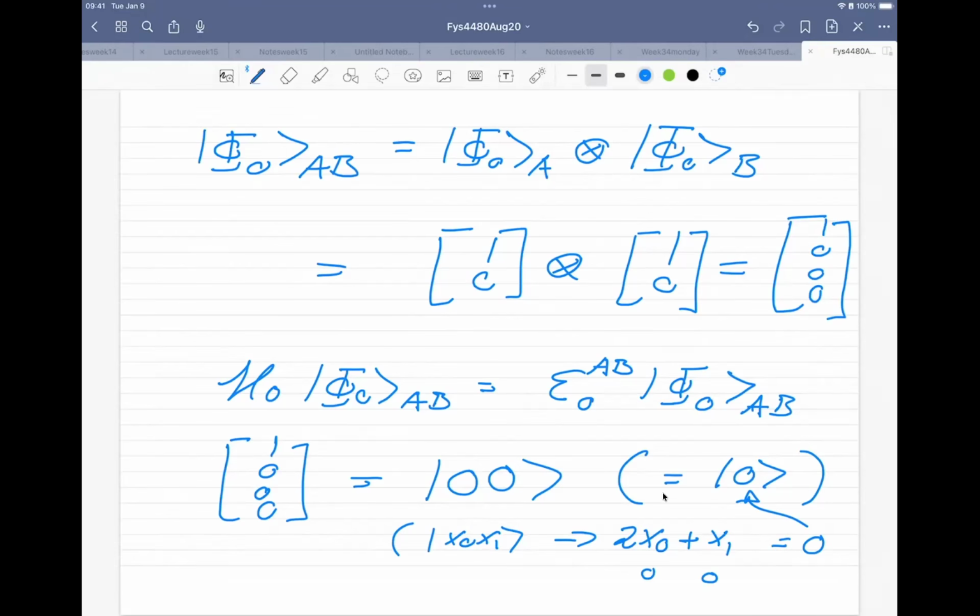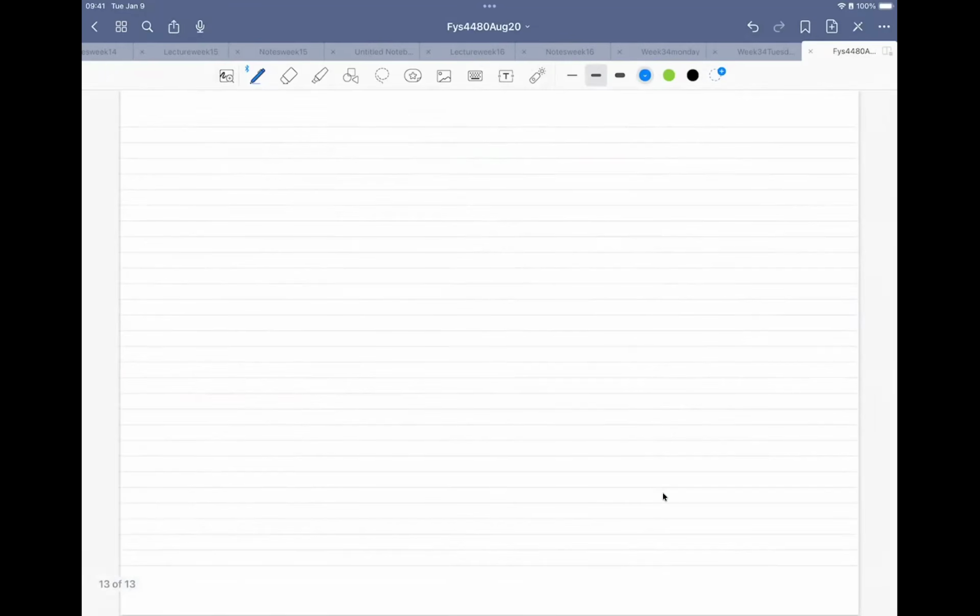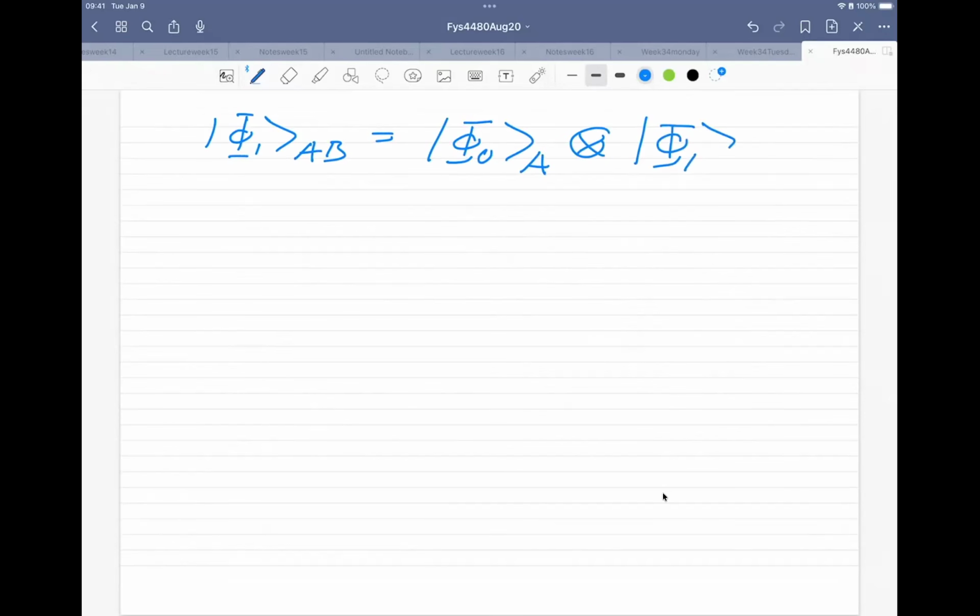Then if I take the next one, I can now think of a new state, which I'm going to put a label 1 on, AB. And this is going to be phi 0, the one we had previously, exactly the same, but the tensor product with phi 1 in system B. This is the same as 1, 0, tensor product with 0, 1.